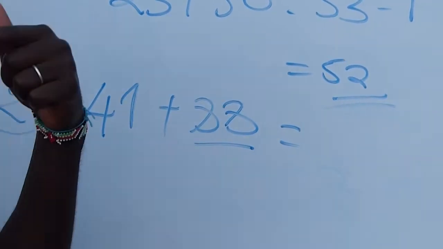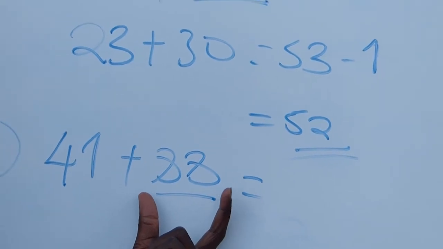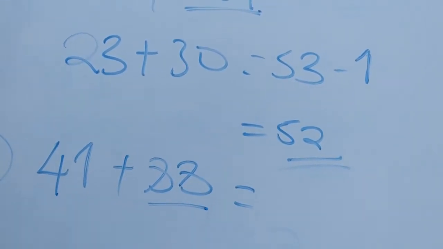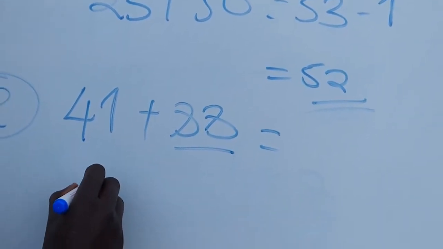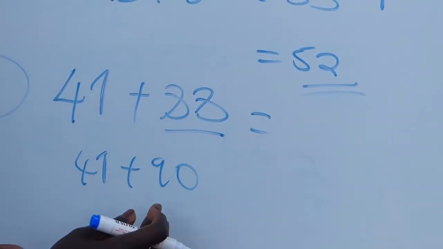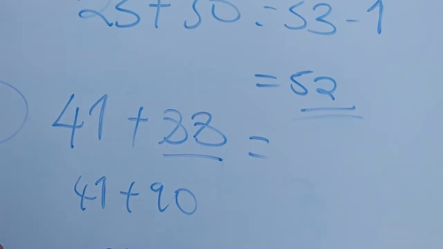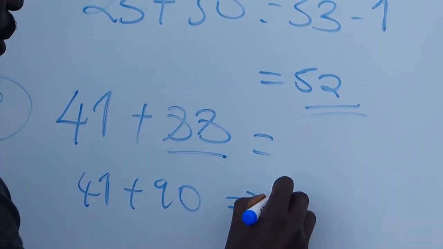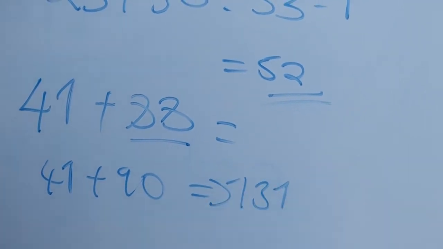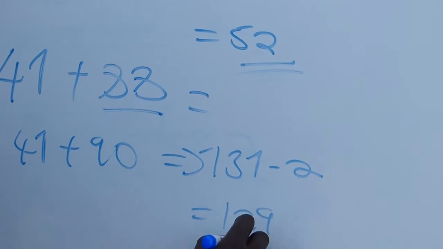That means you're going to promote this one to be 90, and you're going to later subtract 2 from it, okay? So in this case, you can imagine 41 plus 90, because this is easy to add. So you have here 131, okay? So what you have here is 131. Now subtract 2, which gives you 129.